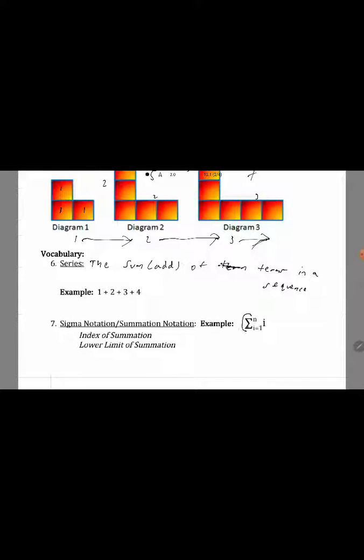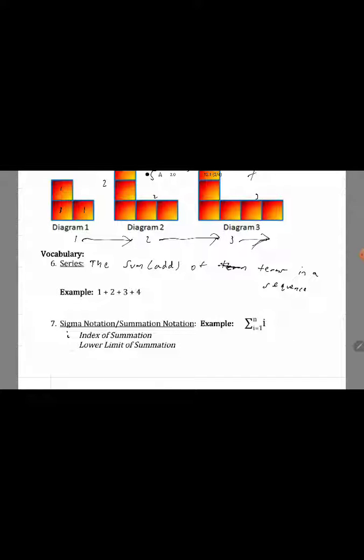This symbol here is called sigma. The index of summation is i. That's basically our domain, so we're plugging in values of 1, 2, 3, 4, stuff like that.